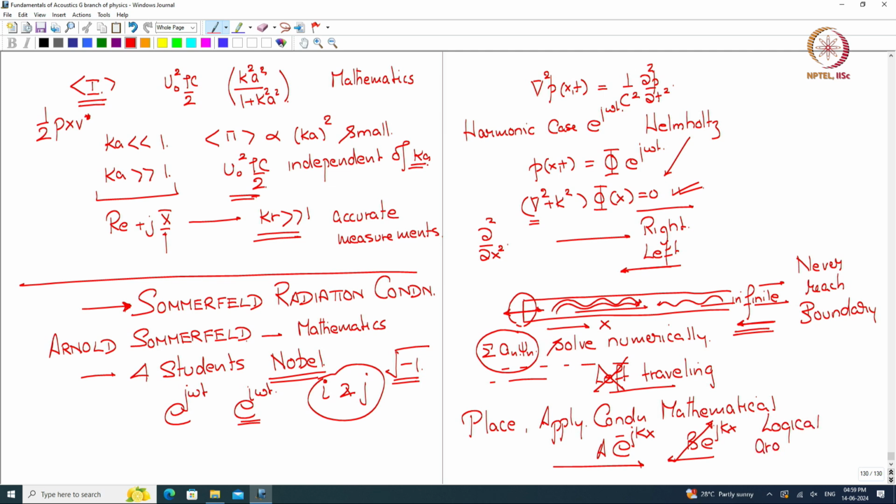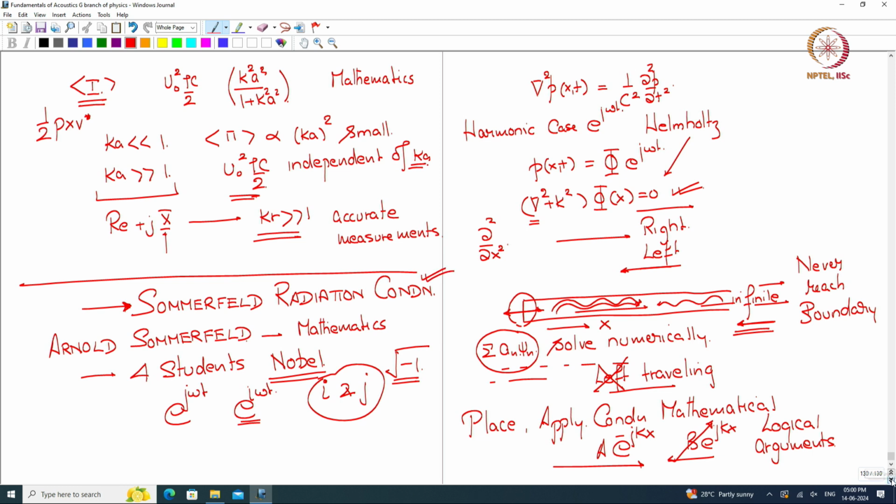But when you are doing large scale problems with mathematics numerically, then you can't do this logical argument. You have to ensure that the left traveling wave, the incoming wave, is cancelled automatically through a mathematical condition. That condition is called the Sommerfeld radiation condition.